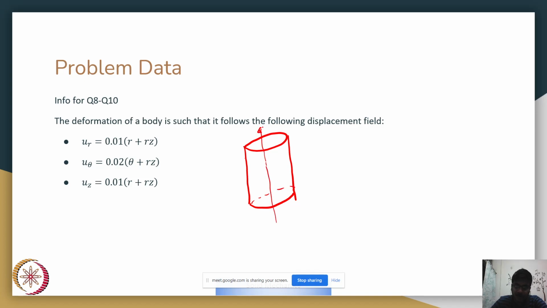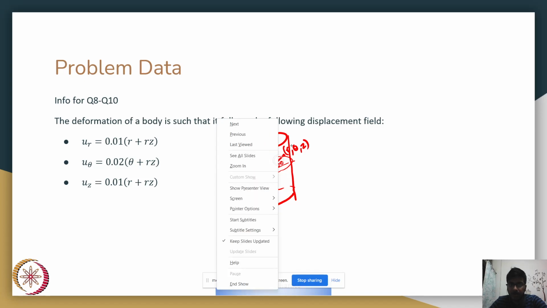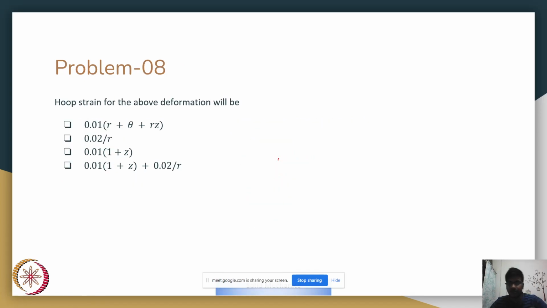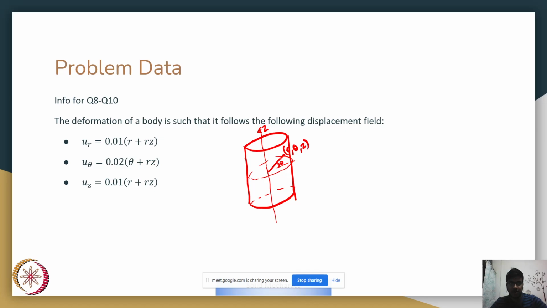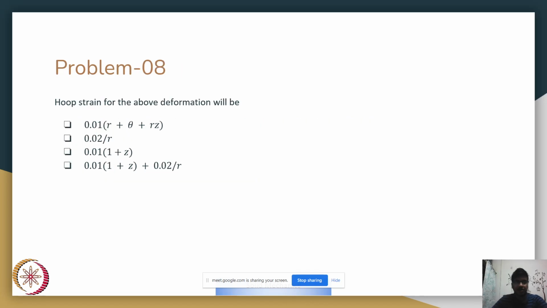So this is suppose your Z. This is your theta. So this is your point r, theta, z. Okay, r can be here also, so not necessary that it has to be on the end. And we are given the displacement fields. Then we are asked hoop strain for our deformation.